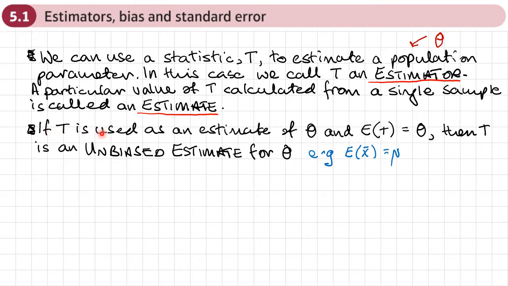Now, if T is used as an estimator for our population parameter theta, and the expected value of our statistic, E of T, is equal to that population parameter, in other words, we have worked out these different values of T and the expected value of those equals the population parameter, then T is what we call an unbiased estimator for the population parameter.